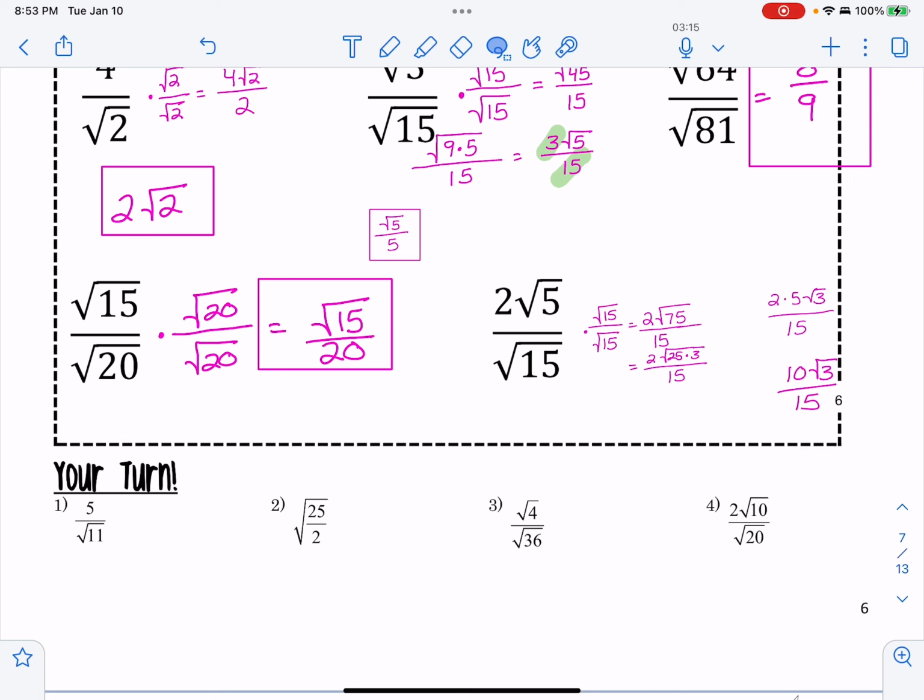I've removed the radical in the denominator, but my fraction can be reduced, the 10 over the 15. So 5 will go into 10 2 times. 5 will go into 15 3 times. So I'm left with 2 times the square root of 3 over 3.